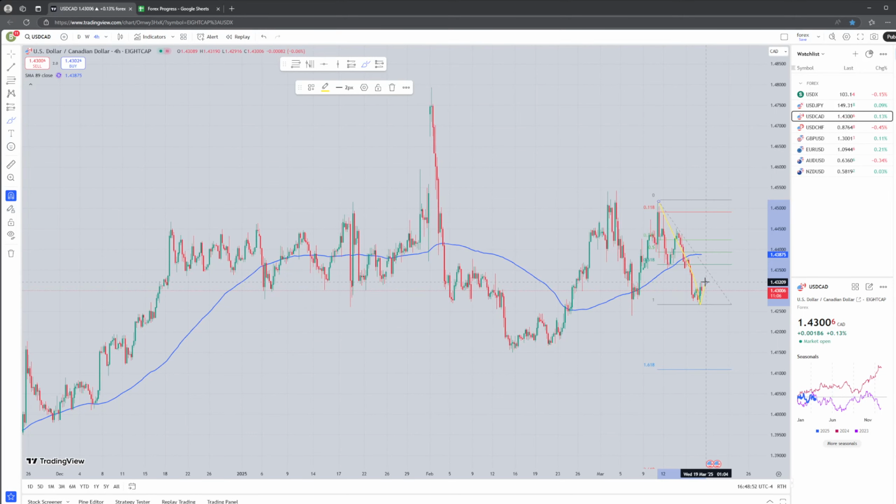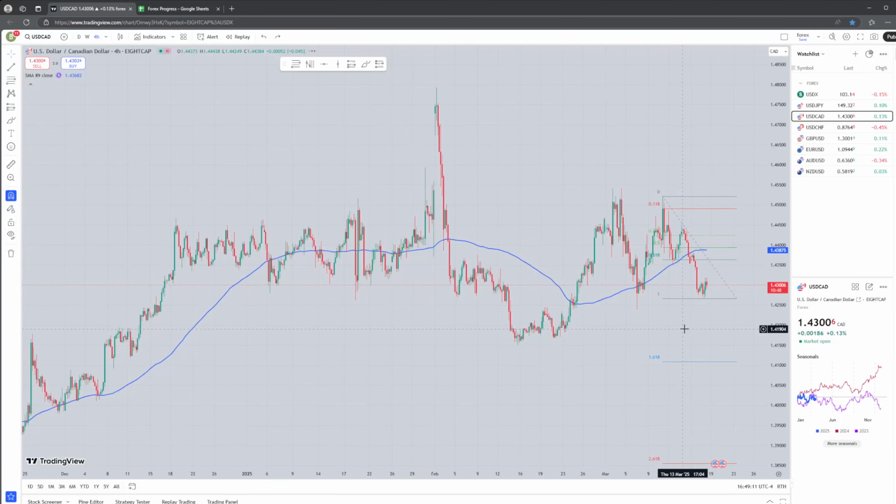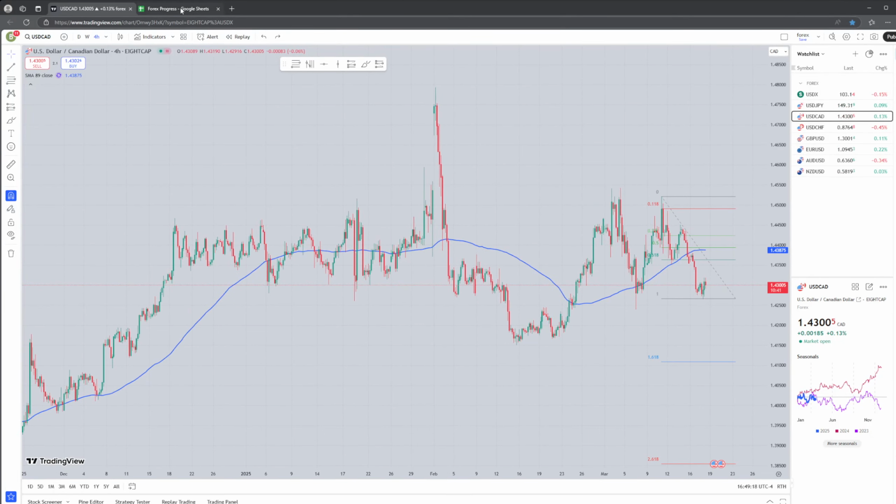So the leg size is not really nice, but I would say okay, and I would expect the market to go a little bit more down like this. Then if the market retraces into a good zone, at least the 50% here, then I would recommend selling Loonie. So right now it is better to wait, and USD Japan Yen looks best to sell.